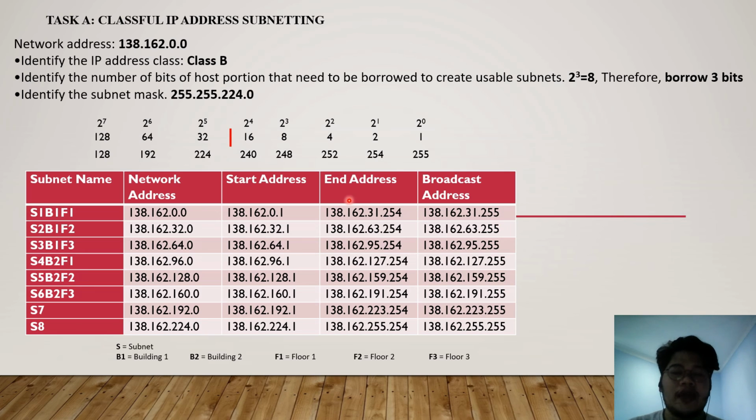For the end address, we subtract 1 from the last octet of the broadcast address, and it will be 138.162.31.254.